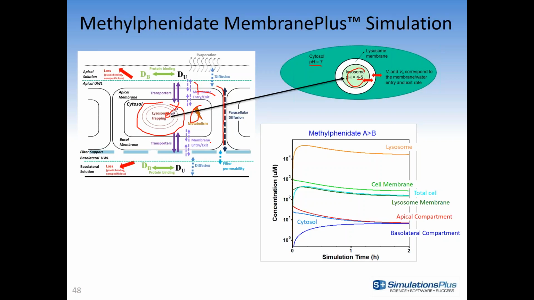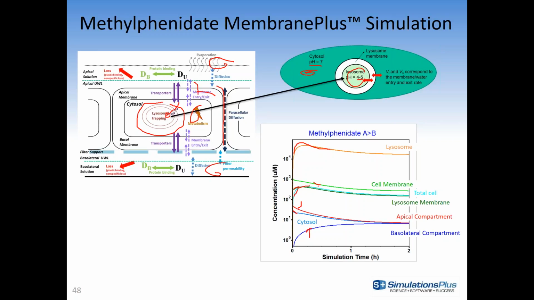And as it's such a detailed simulation, we are getting the simulation profiles not only for the apical and basolateral compartments, the donor and the receiver compartment from the assay, but we can also examine the concentrations in different compartments of the cell. So we can look at the cell membrane, this is the lysosomal membrane, the concentration inside the lysosomes itself, the actual concentration in the cytosol, so in the cell water itself, as well as the total cell concentration.